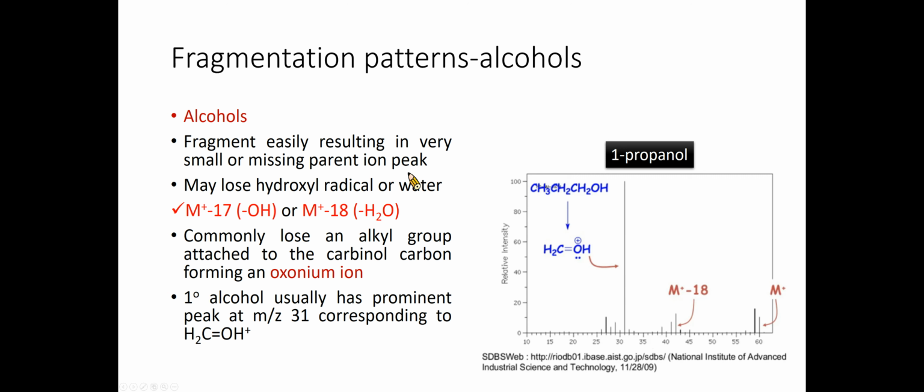Alcohols may lose hydroxyl radical or water, where oxonium ion is a common fragment found from alcohols. In primary alcohols, we usually can observe a prominent peak at the mass-to-charge ratio of 31, corresponding to H2COH+.